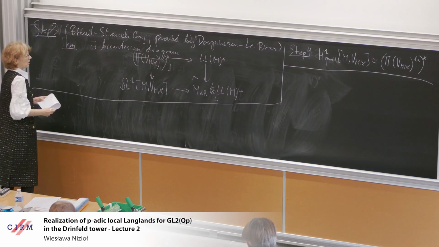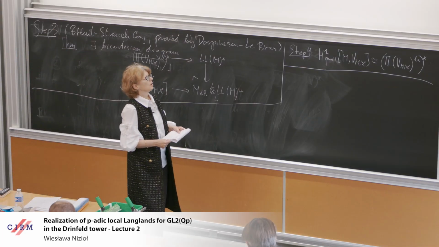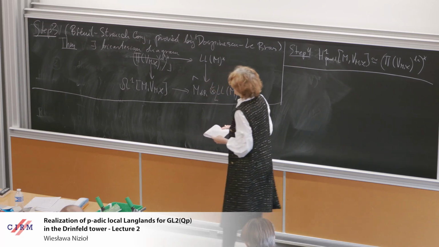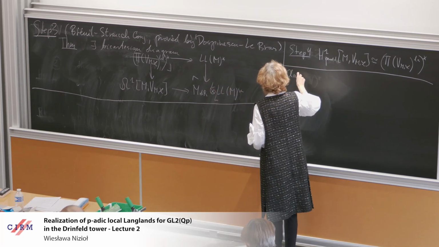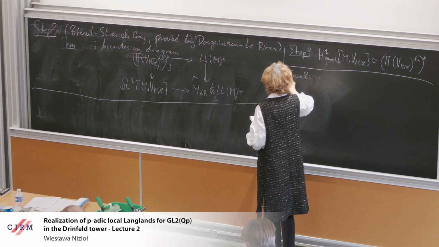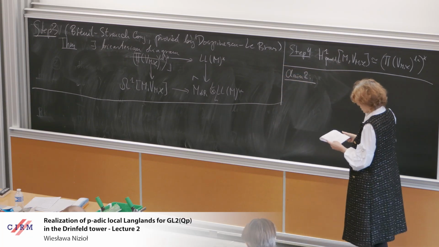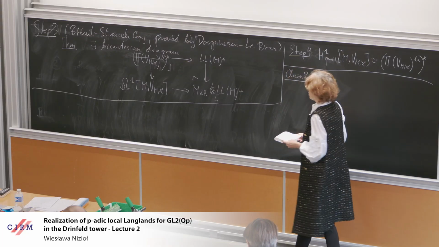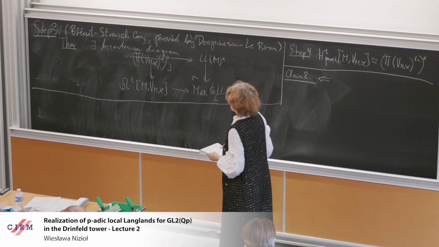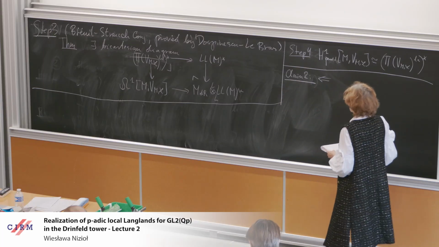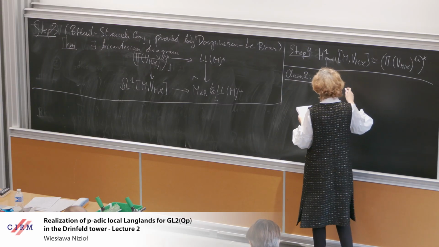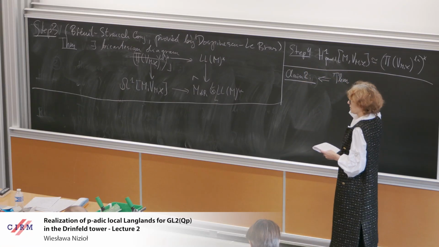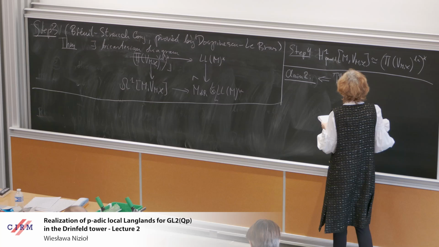Okay, so this was for the first claim, which I erased, but this was the multiplicity formula. But then there was the second claim that nothing else appears, right? Claim 2 was that the Galois representations which shouldn't appear don't appear. And our original proof was a very difficult combinatorial argument, which we simplified in the factorization paper. Well, I don't know about simplification, but it's more conceptual, let's say.